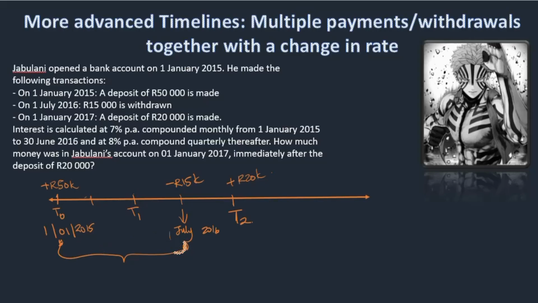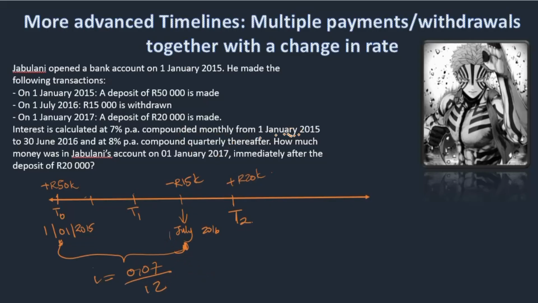So 30 June, it's here. 1 July, it's here. Because after the 30th of June, we have 1 July. So it's 6 months, 6 months, that's 1 year. Another 6 months, which is end of June 30. So my i here was 7% per annum, 0.07 compounded monthly, so it's over 12.